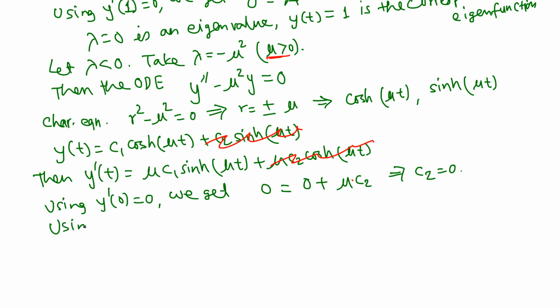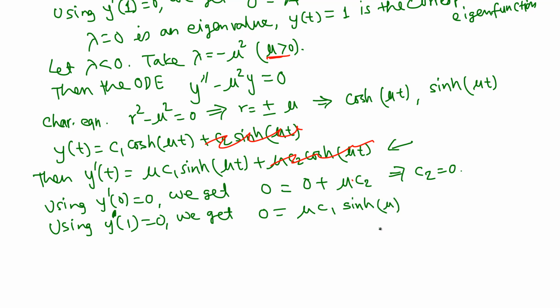Now using y prime at 1 equals 0, that's the second boundary condition. We apply here. So y prime is 0 when t is 1. So mu c1 sinh mu equals 0, and mu is positive.